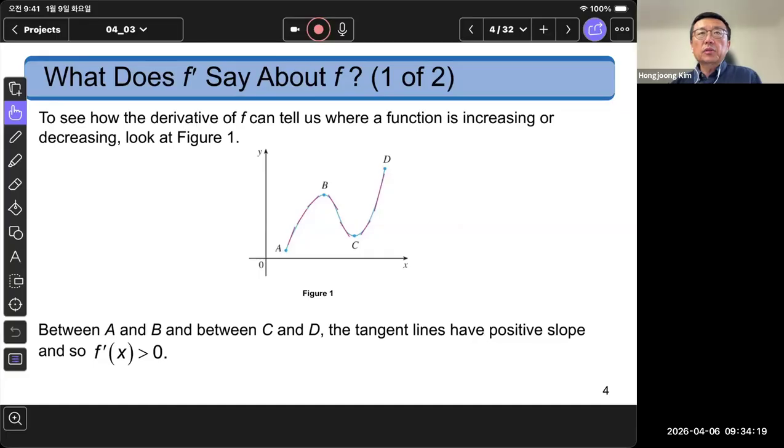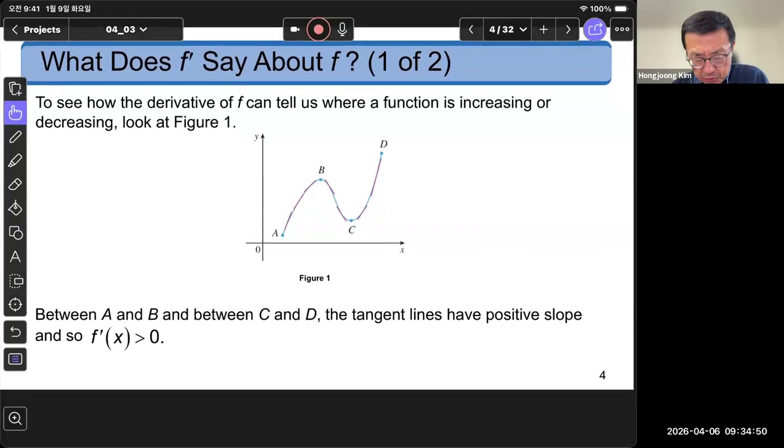So to see how the derivative of f can tell us where a function is increasing or decreasing, let us look at figure 1. Between a and b, or between C and D, the tangent lines, the red ones, have positive slope, meaning f prime at those points will be all positive, or f prime will be greater than 0.